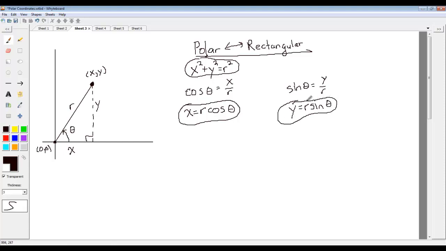Circle that. Tangent of theta equals y over x. That's also important to know. You can use all of these to convert back and forth from polar to rectangular and from rectangular to polar coordinates.